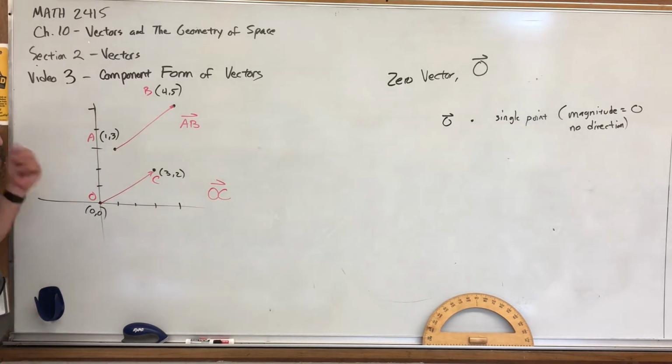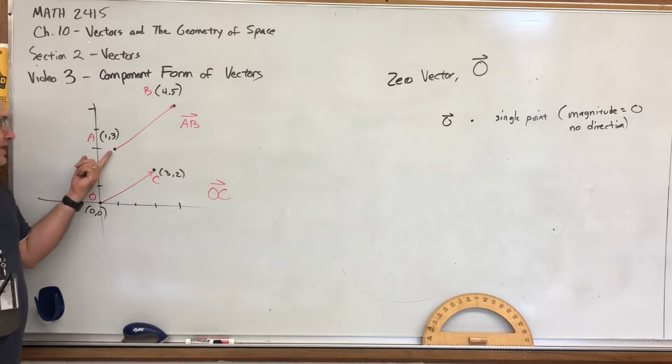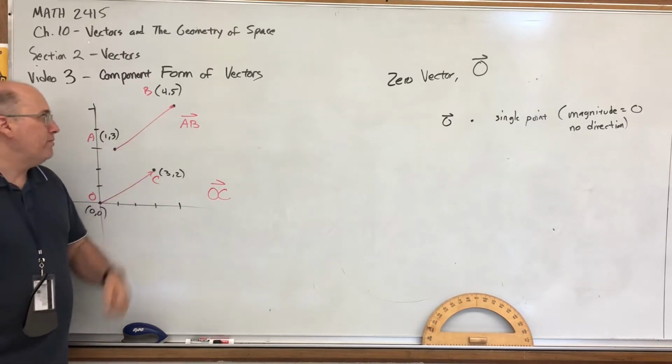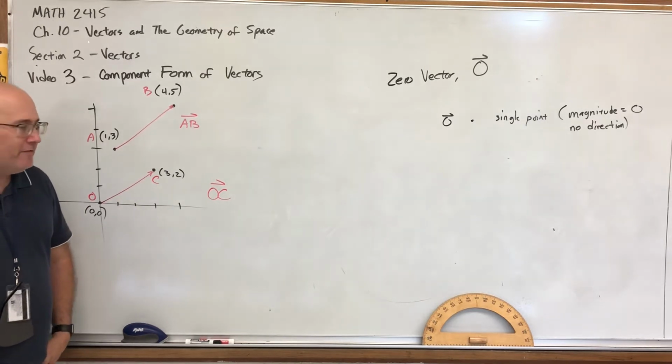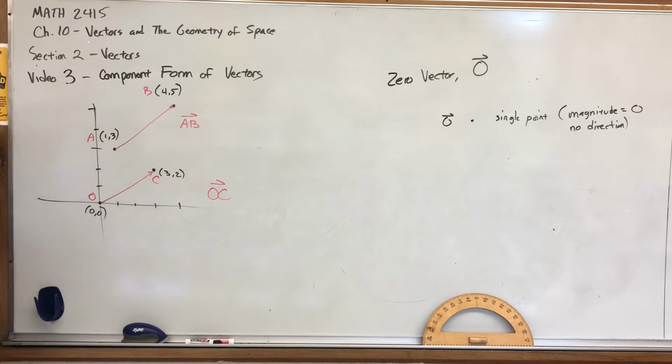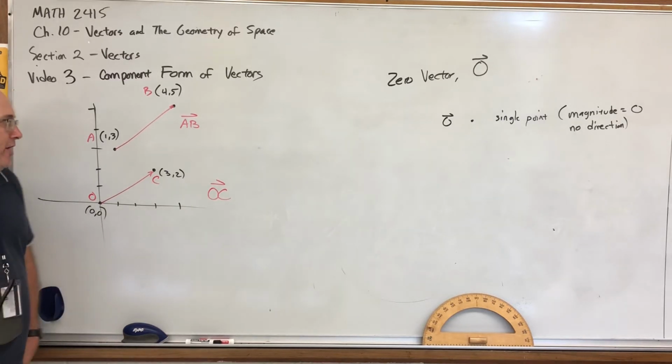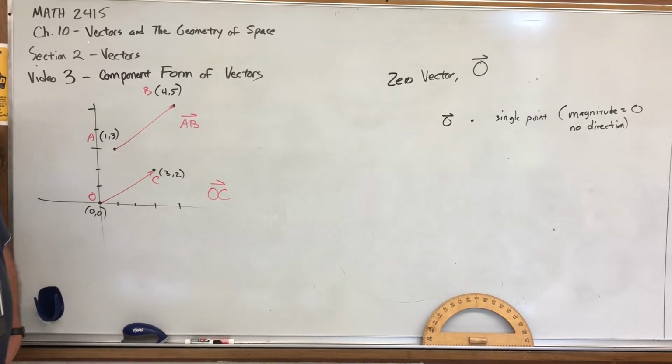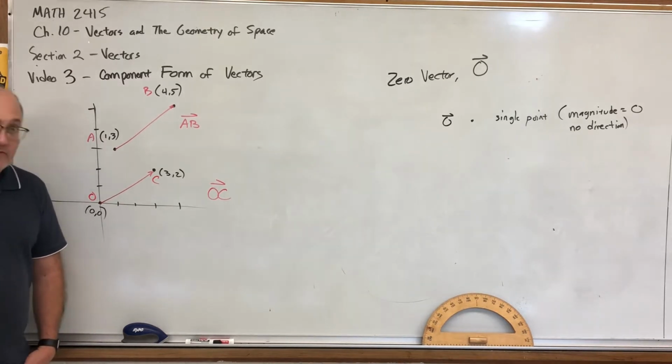You may remember these two vectors from the first video when I drew a vector with initial point A at 1, 3 and terminal point B at 4, 5, representing that vector as AB, and said that it's the same vector as this one with an initial point at the origin and a terminal point at 3, 2. I argued that you could check the magnitudes by using the distance formula and check the directions by calculating slopes, and everything would match up.